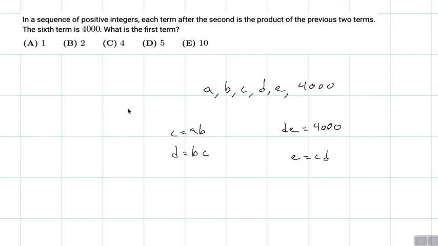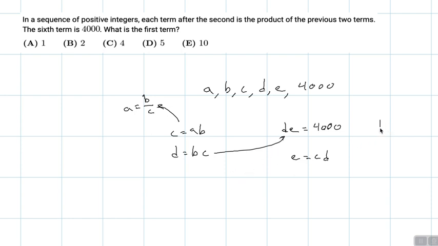So A is equal to, from this, B over C. Let's see if we can maneuver some things around. We can get BC in there.